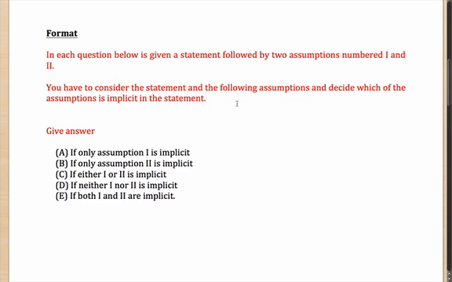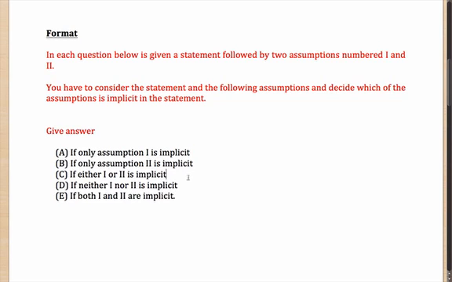You have to consider the statement and the assumptions, and then you need to decide if only one is implicit, if only two is implicit, if either one or two is implicit, if none of them is implicit, or if both of them are implicit. It could be either of these five choices that you'll have to deal with.